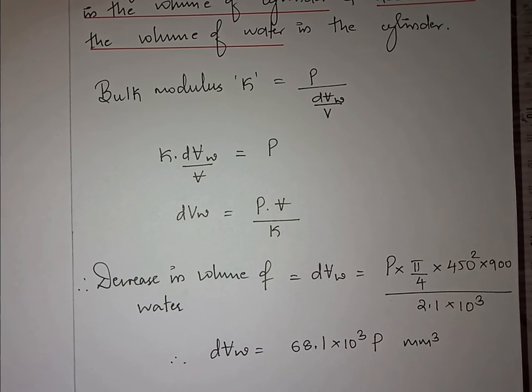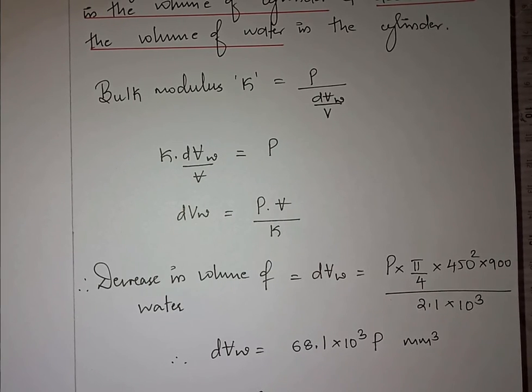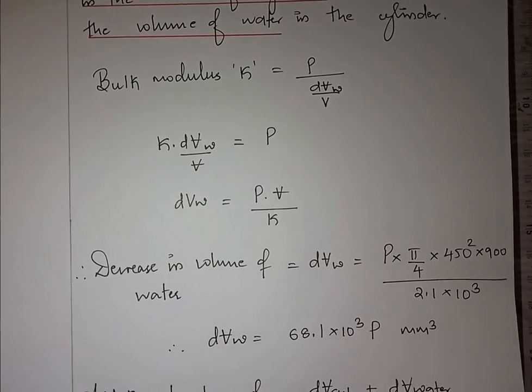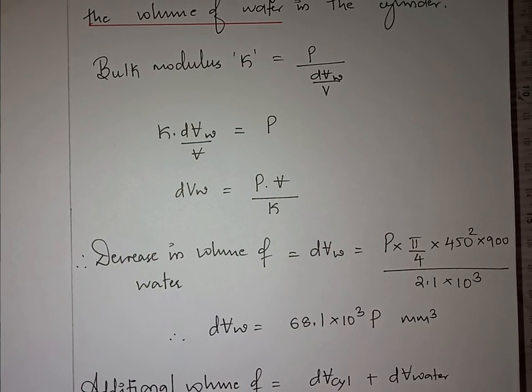So now, as per the point which I underlined above, the additional volume of water should be equal to the sum of the increase in volume of cylinder and the decrease in volume of water.